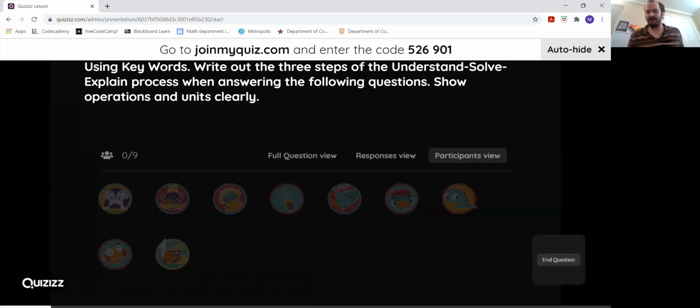I don't think we're going to have variables here. But solving is writing out the equation and solving it. And then explaining: after you do the actual math, you have to go back and look at the words and see what they are talking about.